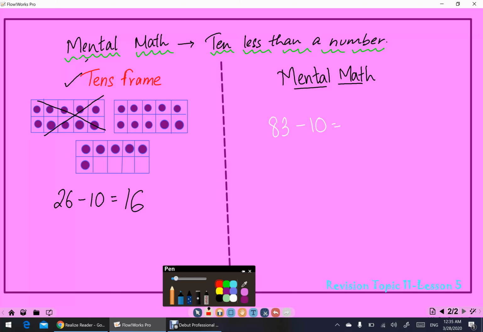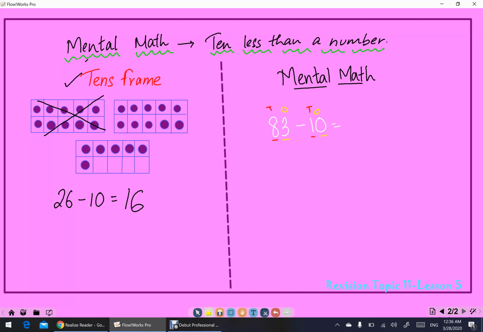We will not change the ones place. In number 83, 8 is in the tens place, and in number 10, 1 is in the tens place. Now, which number is in the ones place in 83? Excellent. 3 is in the ones place, and here 0 is in the ones place.